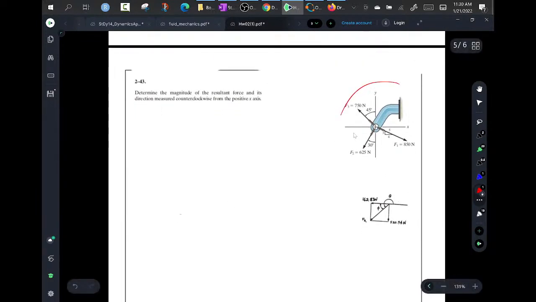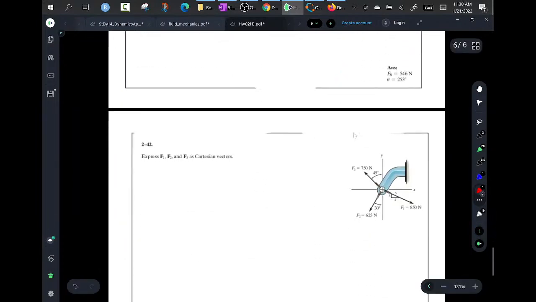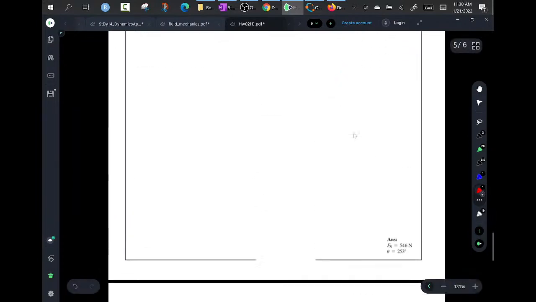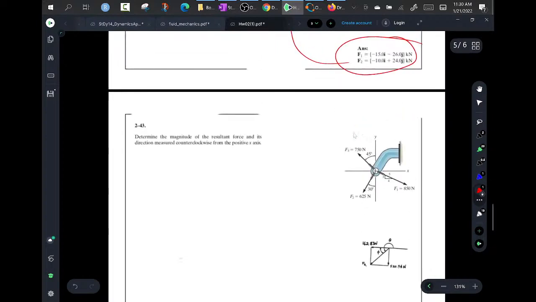I put these together a year ago, so I have very little memory of them. 750, 625, 850. Okay, so the same thing. What I would do, got F1 and 2 and 3. F1, what I would do is I would basically go in and break this one down into the X and Y coordinates.